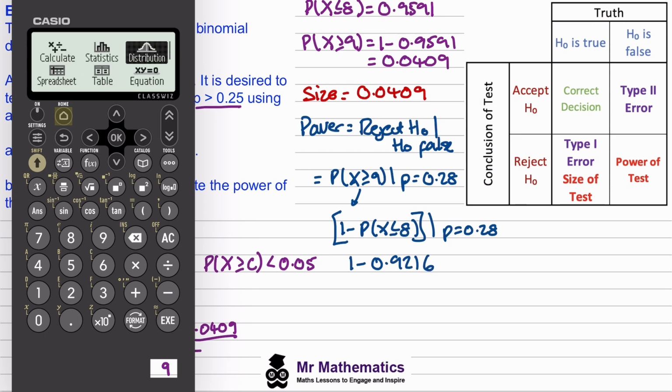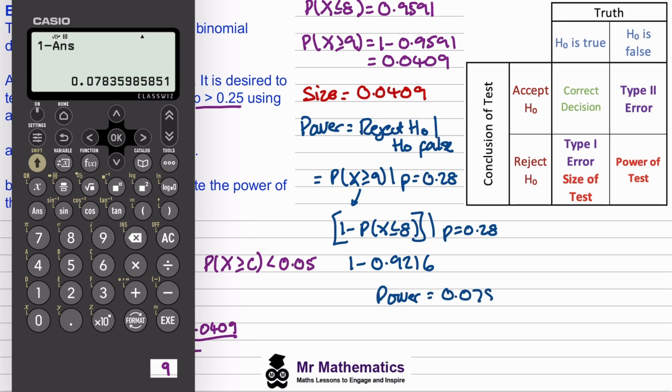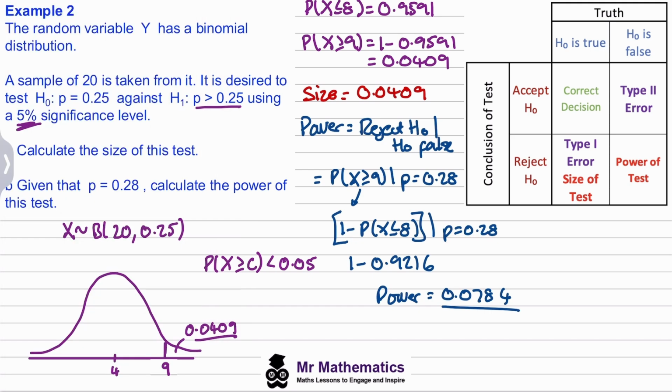So if we go home, and we'll have 1 minus the answer, and we'll get the power as 0.0784. So 7.84%. So this means there's a probability of 7.84% that we would reject H0 when P is actually 0.28.